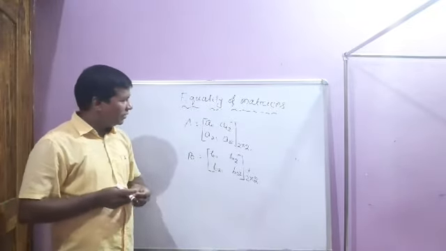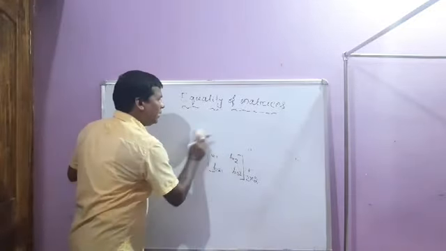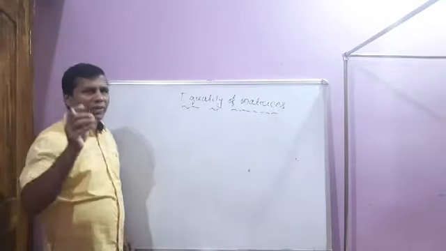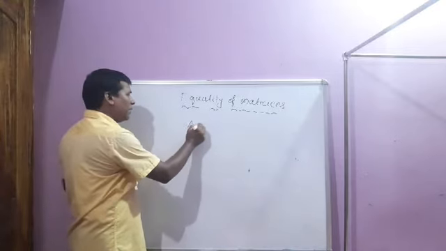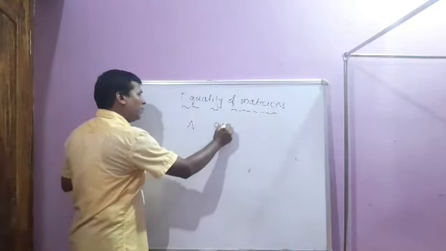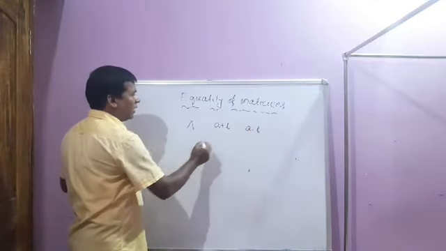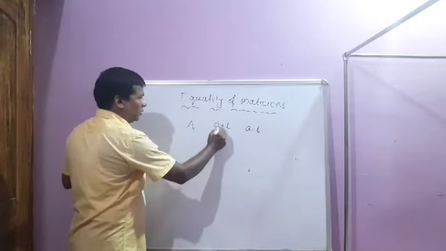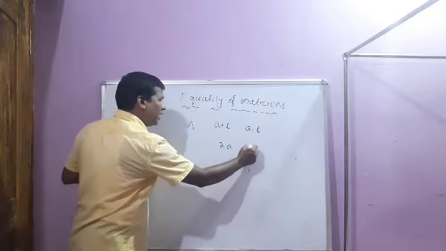In that case, when two matrices are equal to each other, if A is equal to B, we know that Aij is equal to Bij, for all values of Aij, just like this. Suppose matrix A has entries A plus B, A minus B, and the other row 2A and B, say.